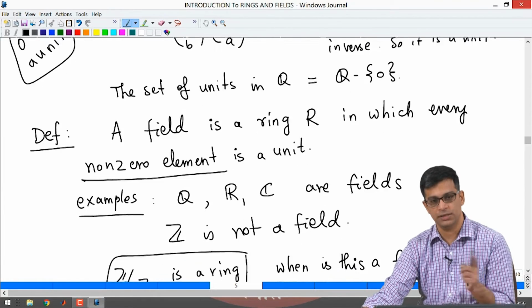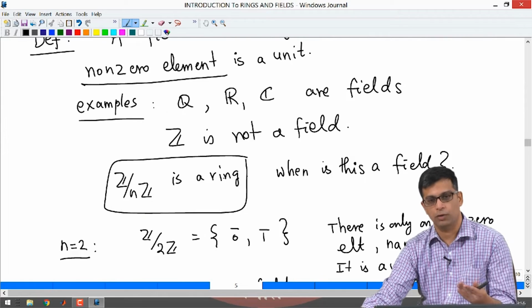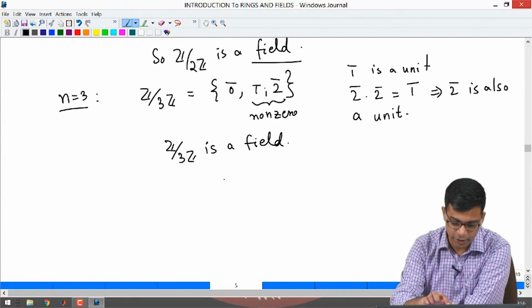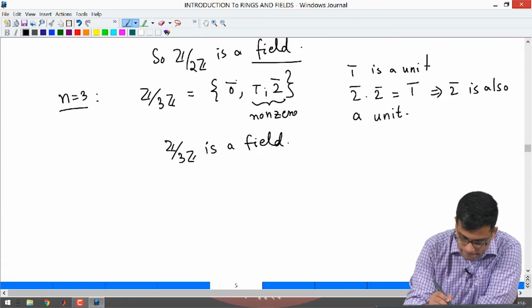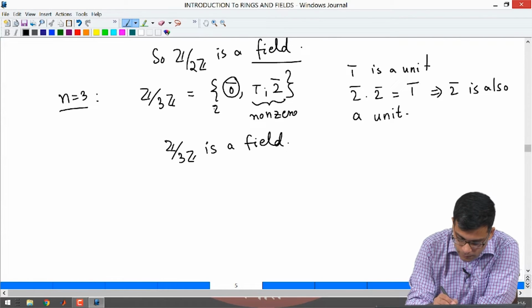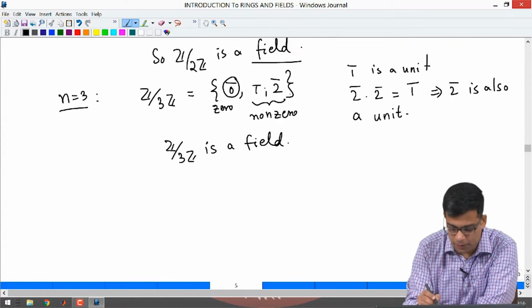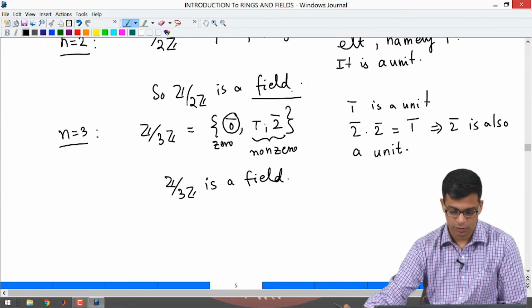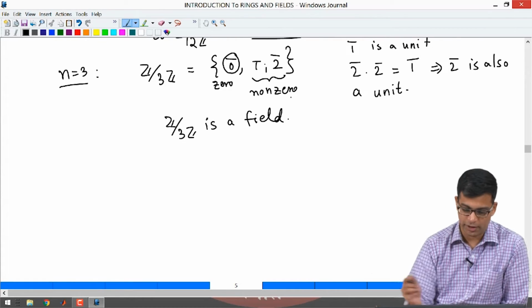So, non-zero means not equal to the additive identity. In Z mod 3Z the additive identity is 0, so the non-zero elements are 1 bar and 2 bar, and both are units. So, it is a field.